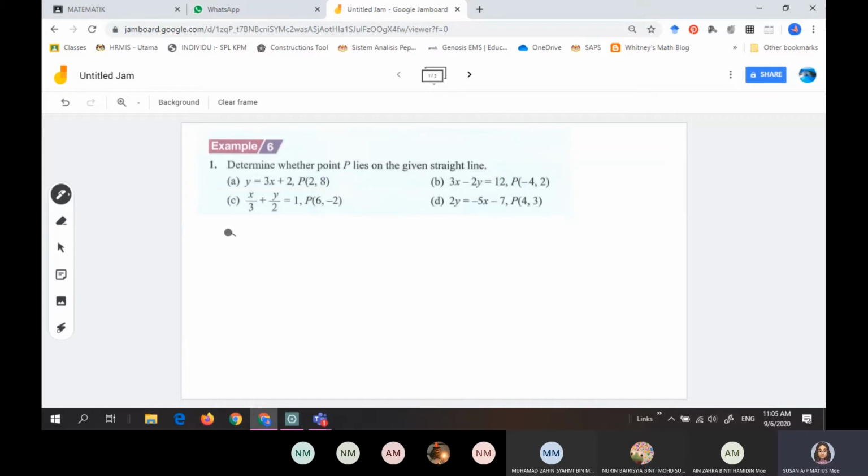For question A, we first write down the equation: y equals 3x plus 2. The point P is given as (2, 8), so x is 2 and y is 8.